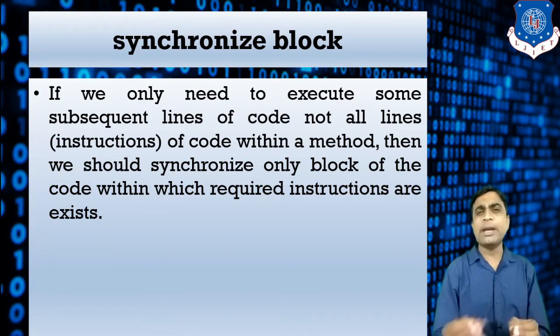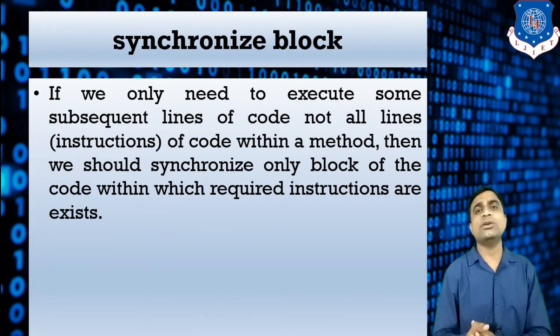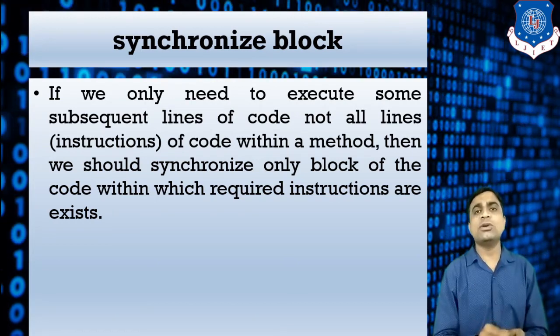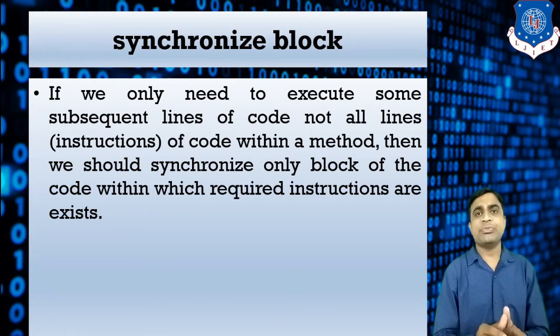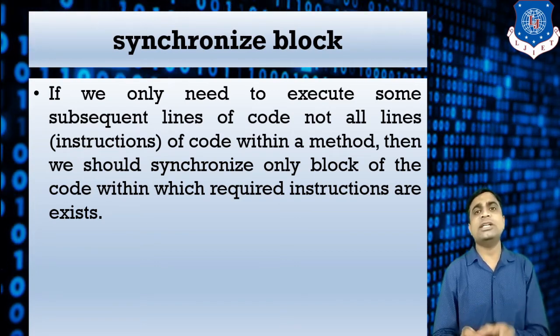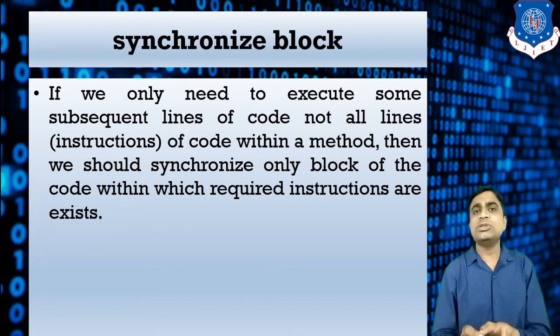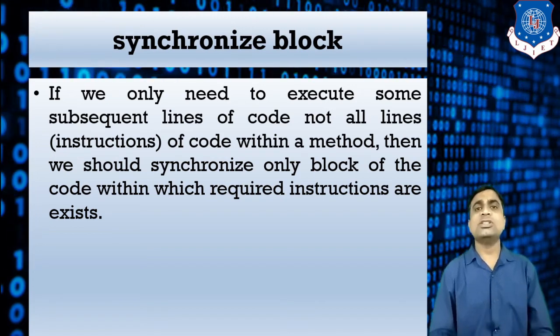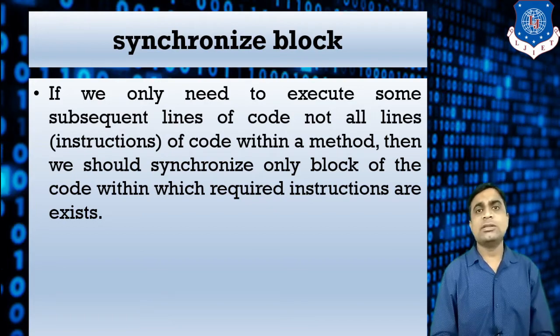That is the minor difference between the synchronized method and the synchronized block. The agenda for both is the same: only a single thread will be executed at a time. During the execution of thread 1, no other thread has a chance to execute.